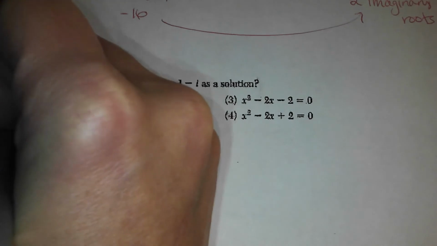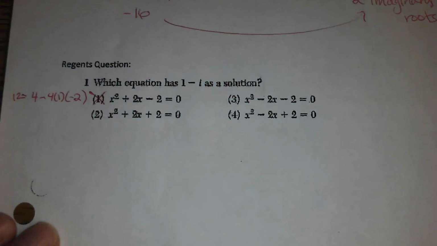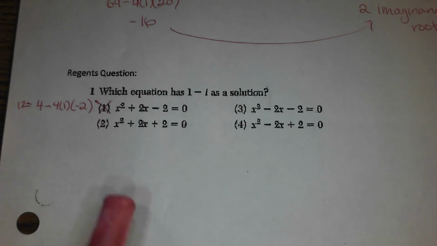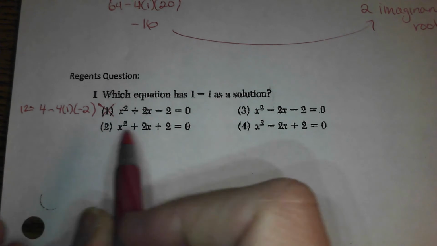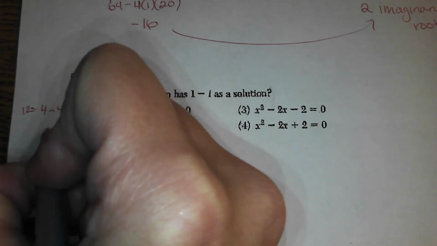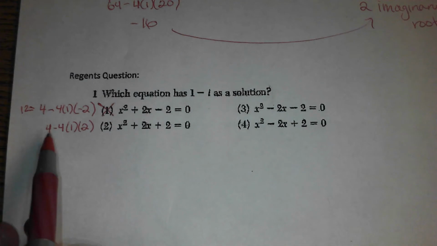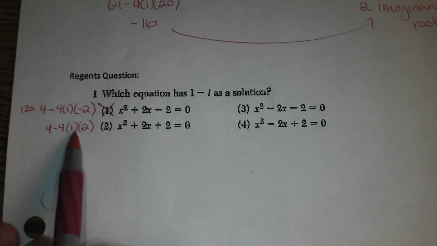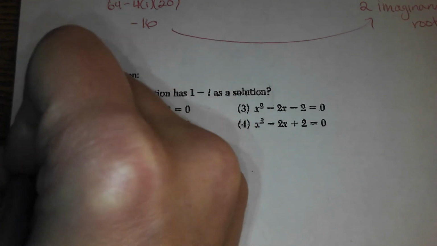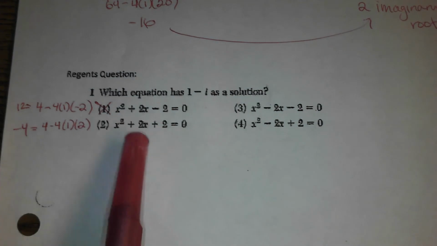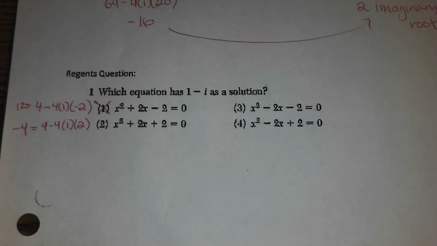So that has a discriminant of 12, so that's out, because that's going to have real solutions, not imaginary solutions. If I check 2, b squared is 4 minus 4ac. That's going to be 4 minus 8, yes? Which is a negative discriminant, so that's still in the conversation. We can't get rid of that.